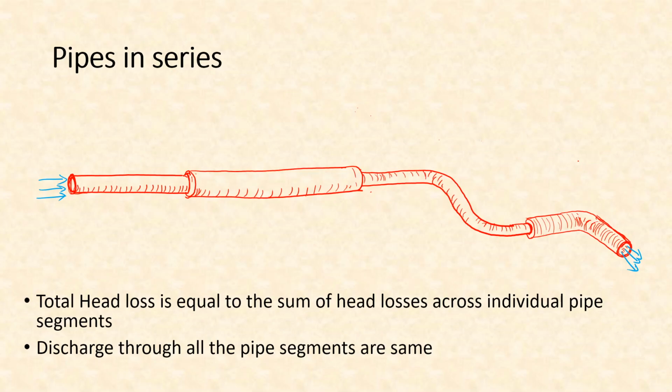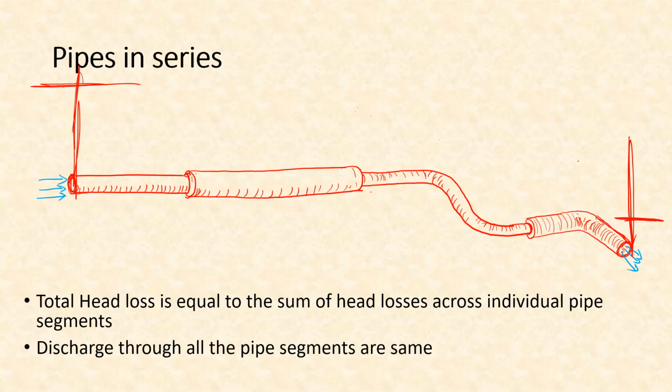To analyze this kind of pipe flow, the thing that we need to understand is that the total head loss across the total length of the pipe can be obtained by adding the head losses occurring across the individual pipe sections. For example, if we measure the head at the beginning and the head at the end, obviously at the beginning the head will be more, and at the end the head will be less.